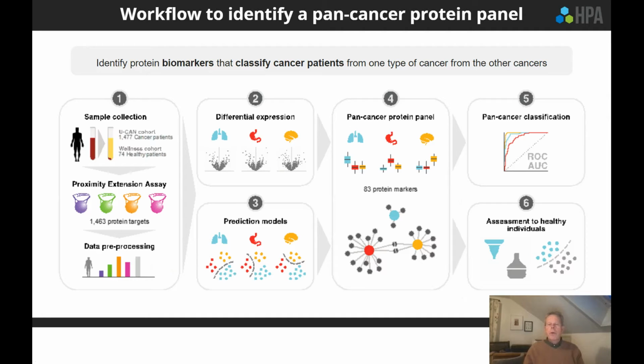I'm not going to go into the workflow here, but simply to say that this, of course, involves sample collection. We do a lot of differential expression to compare the protein levels between these different cancers. Then we are also trying to create a prediction model using AI-based models, and then to find a protein panel which is ideal, and then classify unknown cancers with this model.